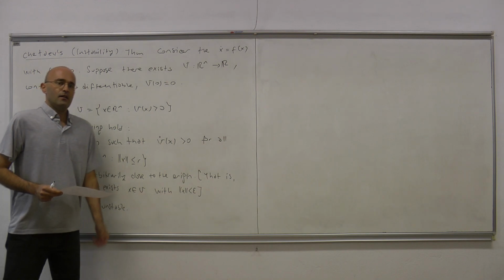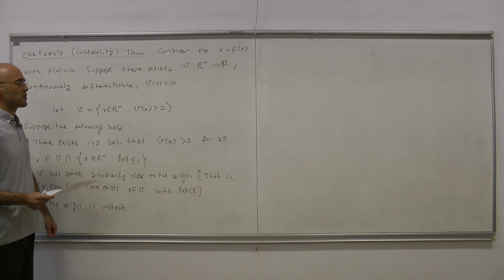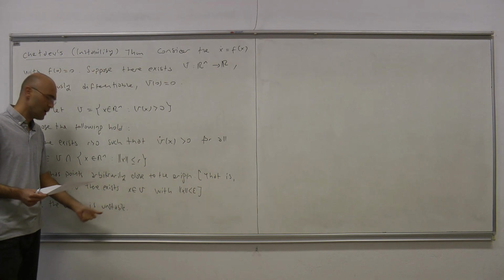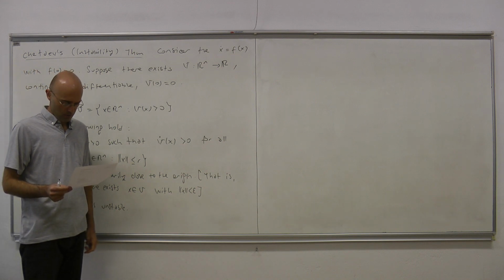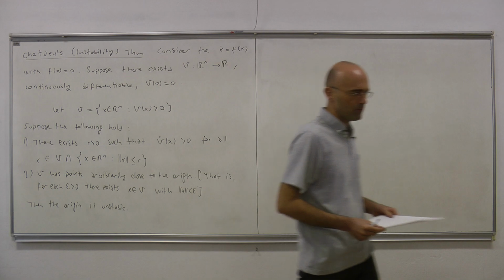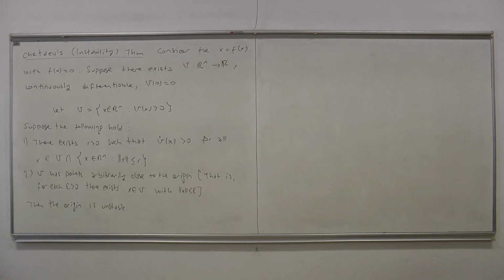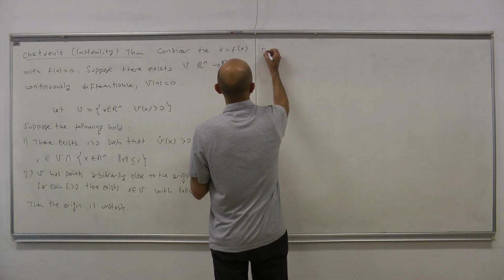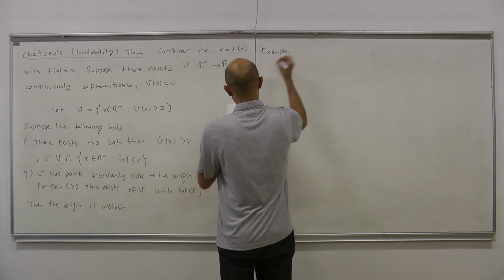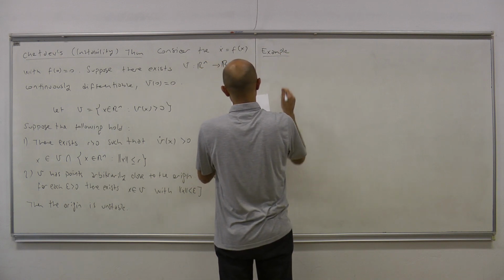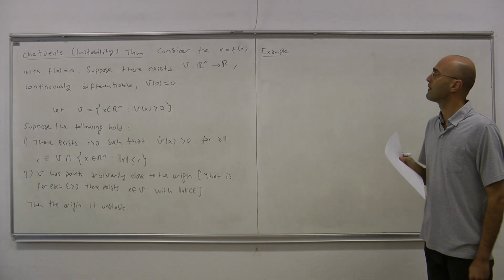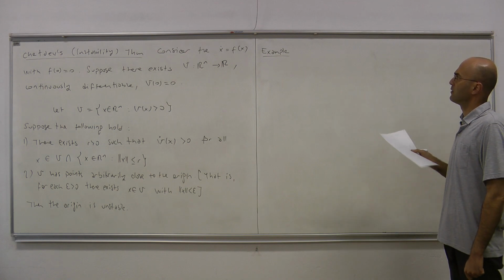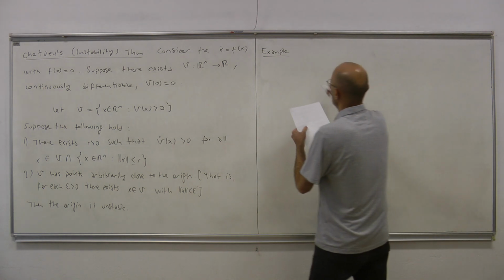Okay. Now instead of proving this, let's try to understand why these conditions give us instability over a simple example, and the example is from the textbook. It shows the instability of the origin for the system that I will put down soon enough.